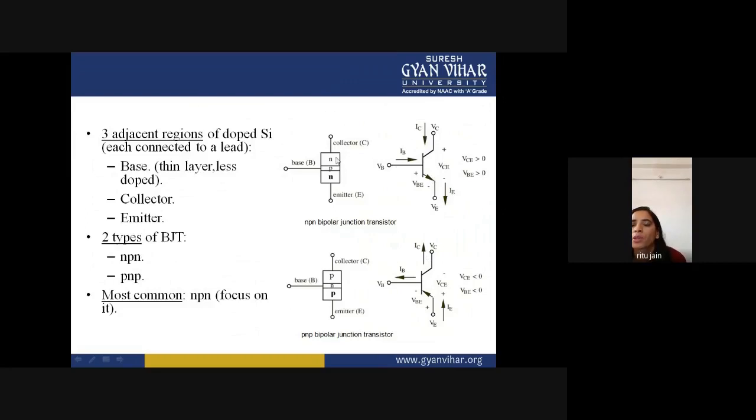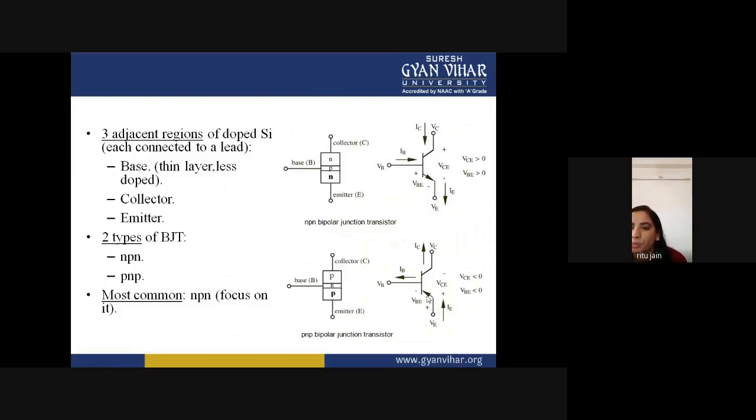Okay, because current always flows from positive to negative direction. So you can see over here that this terminal is positive, this is your negative terminal, so current direction will be this. But in this case, this terminal is positive, this terminal is negative, so current will flow from this direction to this direction.